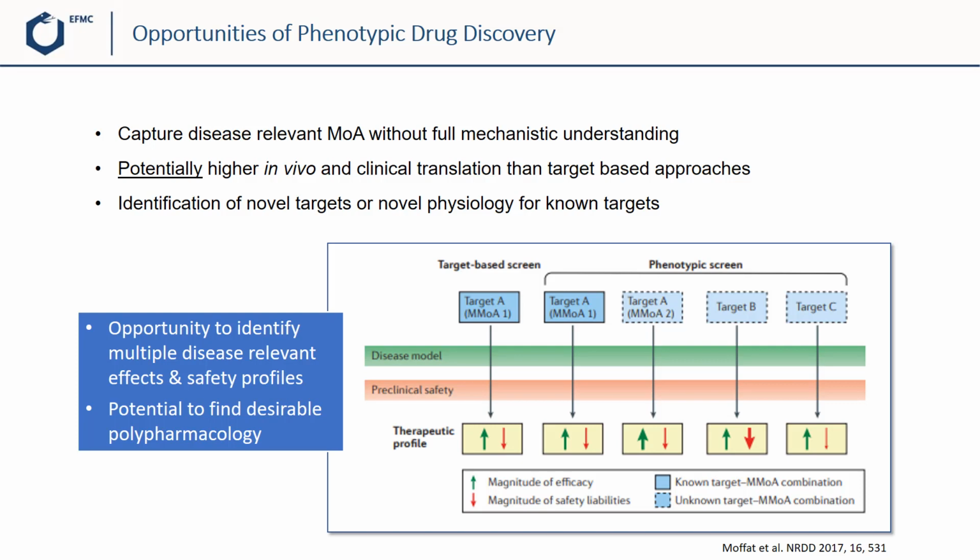In contrast, in a target-based approach, shown in the box on the left, the efficacy versus safety profile will be fixed or mostly fixed if there's an intrinsic safety liability with that target. But the safety risks with unknown targets also need to be carefully evaluated. That brings us to the challenges of phenotypic drug discovery and to the next slide.